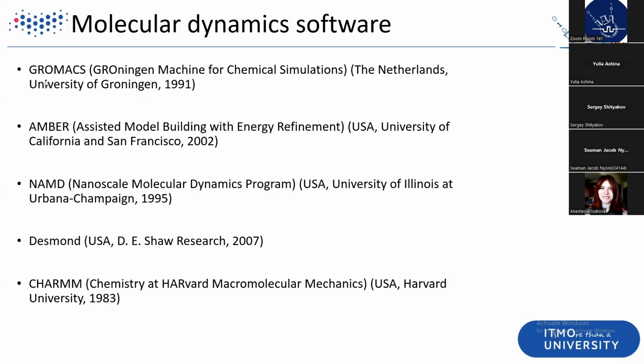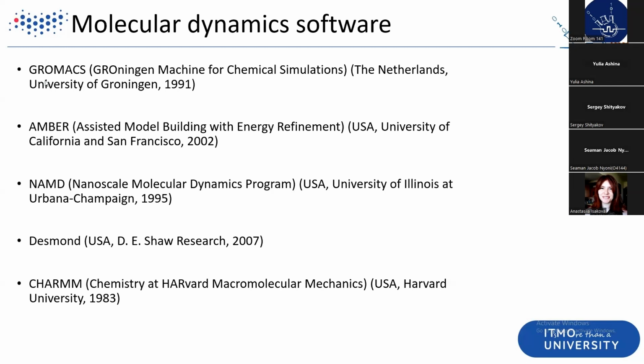You could also add some plugins like the Plumed plugin for free energy calculation. So the program is quite scalable and has a lot of analysis tools. The other software is AMBER.